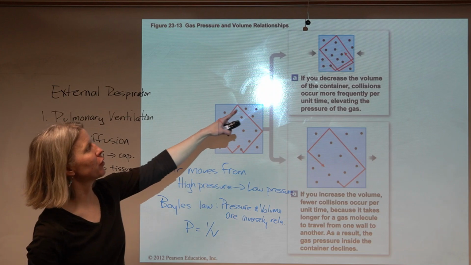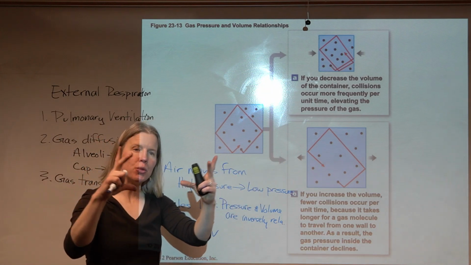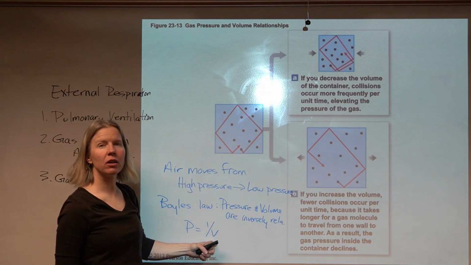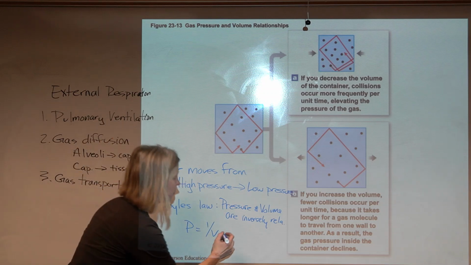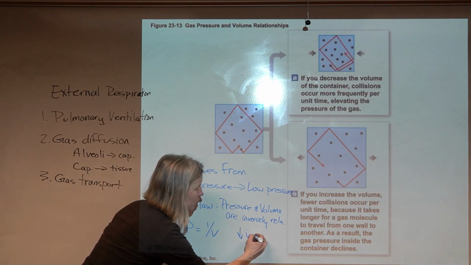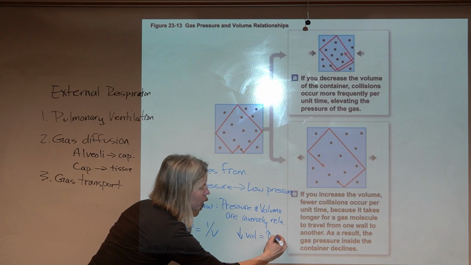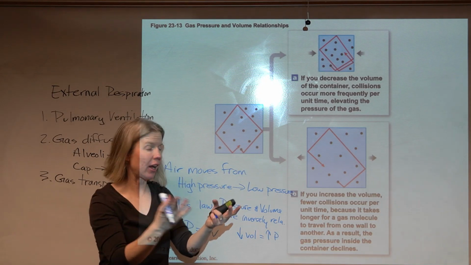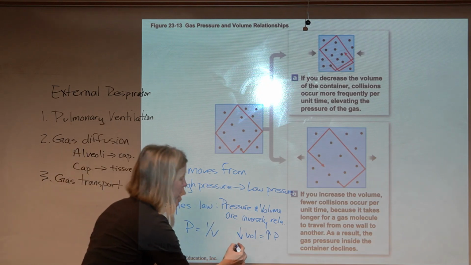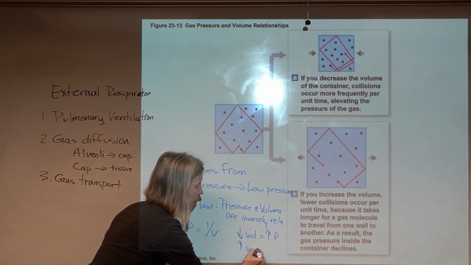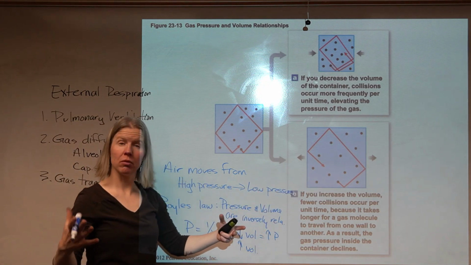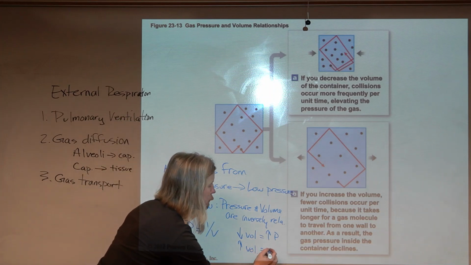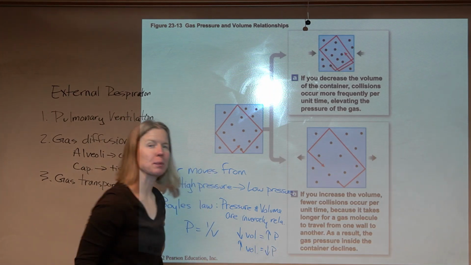So absolutely. What they're showing here is if you decrease the volume of the container, you increase the pressure. You have more molecules squished tighter together. Does that kind of make sense? And as we increase the volume of the container here, the pressure goes down. There we go. That makes more sense. Okay?